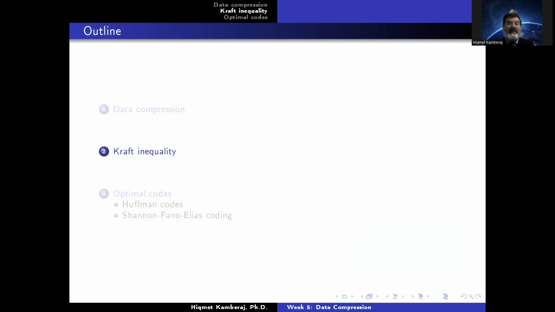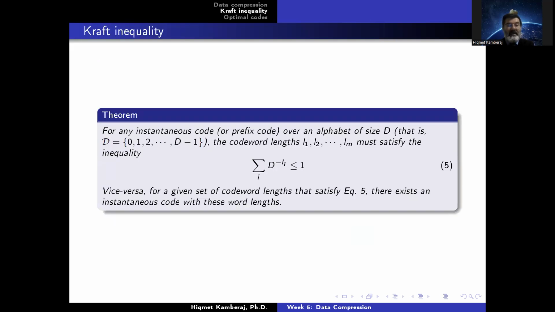Next, I'm going to talk about the so-called Kraft's inequality. For any instantaneous code or prefix code over an alphabet of size D, that is, the set of symbols 0, 1, 2, and so on up to D minus 1, the code word lengths L1, L2, up to LM must satisfy the inequality: the sum over i of D to the power minus Li is less than or equal to 1.